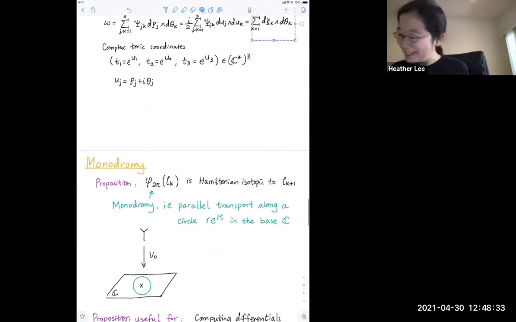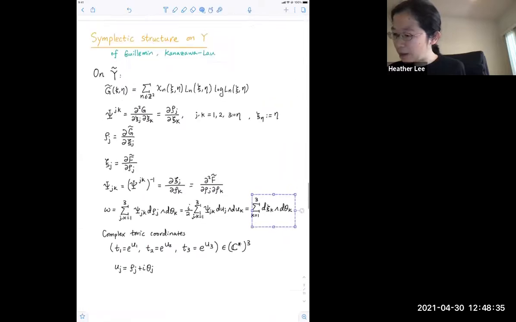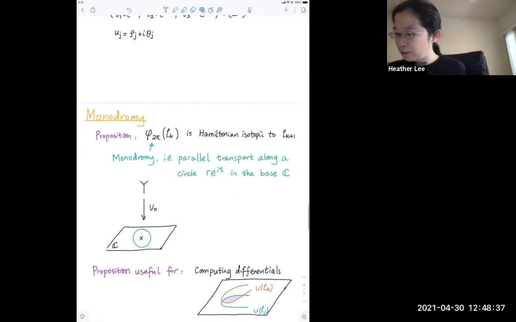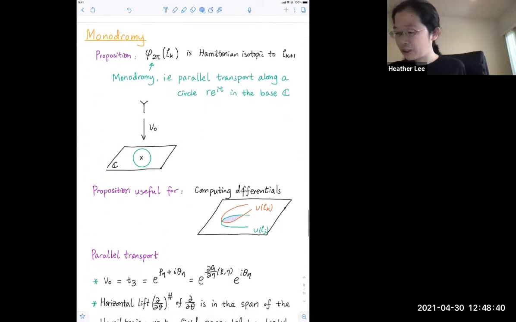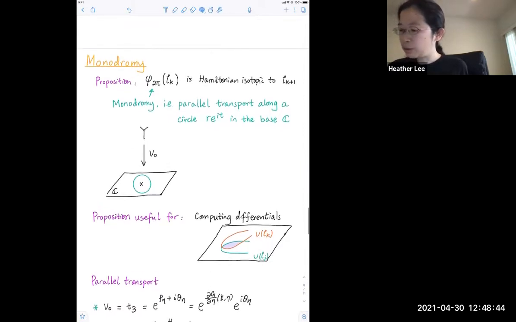So now to talk about the monodromy, which I think is the most interesting part of our project. The monodromy computation is mostly, for our needs, to show that the monodromy of this Lagrangian LK in the fiber around the singularity of the fibration is Hamiltonian isotopic to LK plus 1.